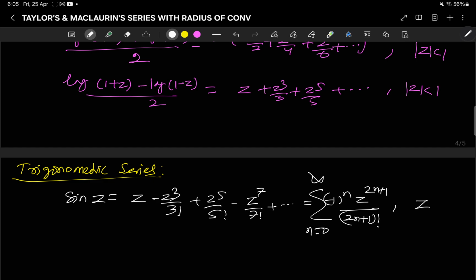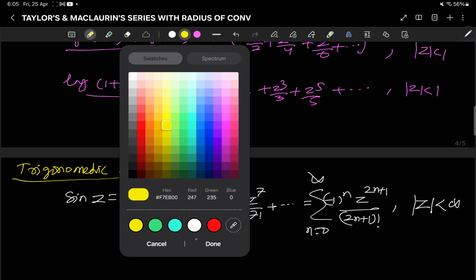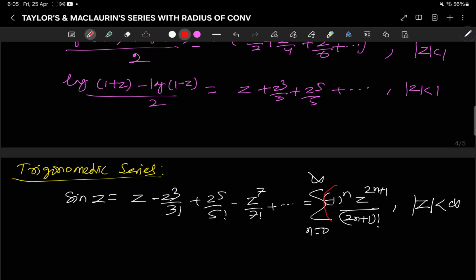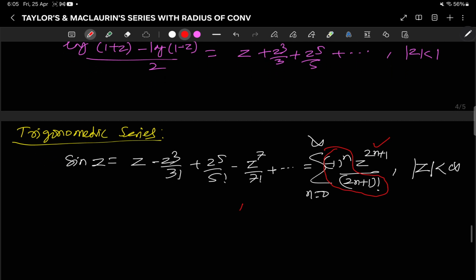And here the radius of convergence is infinite, right? Because sin z is analytic everywhere. Or if you find it by taking this coefficient, since this power is 2n plus 1, you can find r square is equal to limit n tends to infinity of mod a n by a n plus 1, and you get infinity. So here r is equal to infinity.